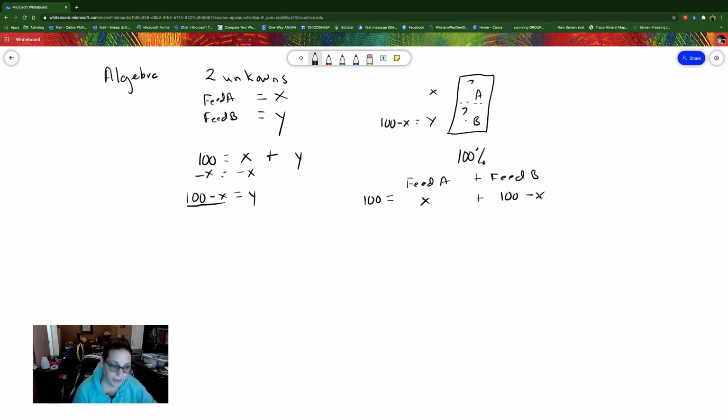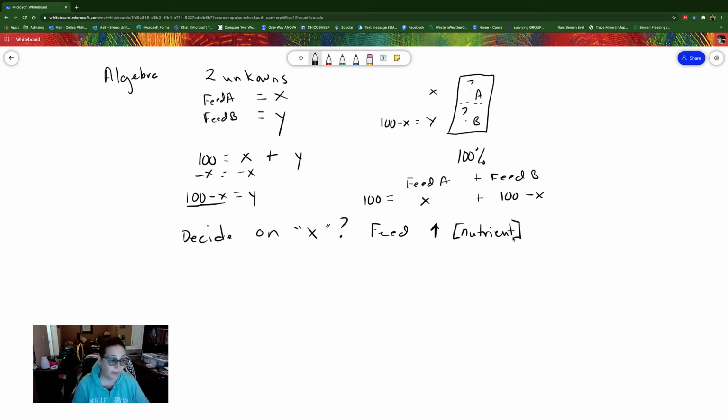And of course we'll work through an example. The first thing though is, when you have a problem, you need to know how do you decide on X. X is always going to be equal to the feed with the highest concentration of the nutrient you are looking for.